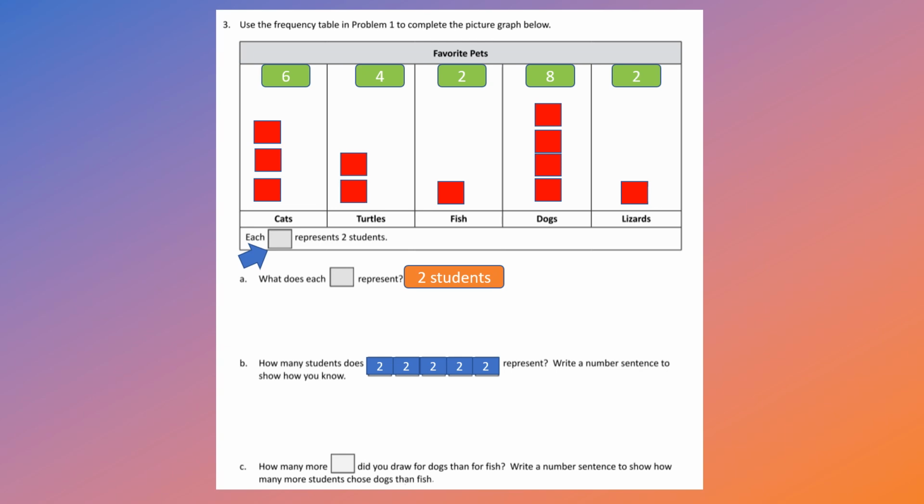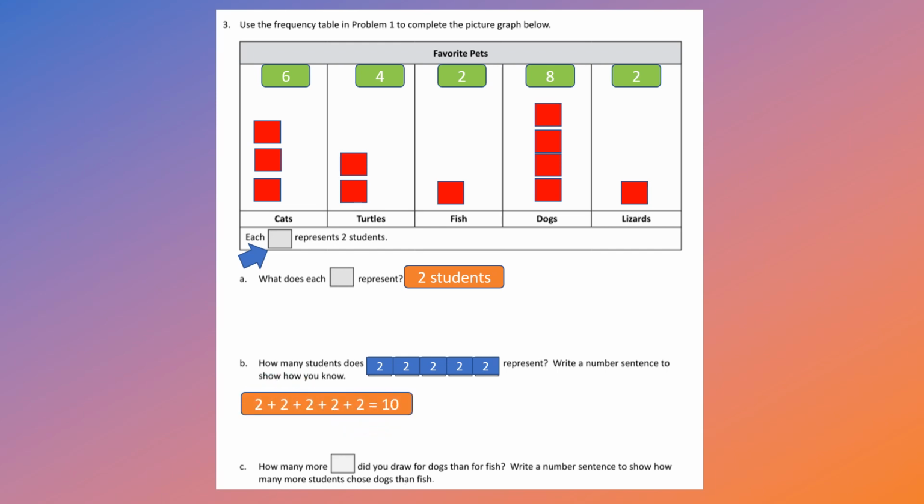Now it asks me to write a number sentence to show how you know. Now I can write a number sentence a few ways, but I'm going to show you 2 ways, and maybe you represented the value in one of the ways I'm going to show you. Now I see 5 2s, which means I can write a repeated addition sentence.